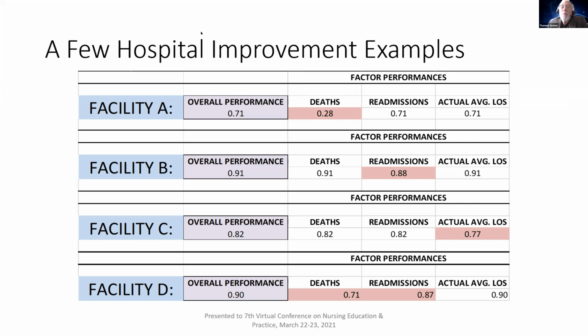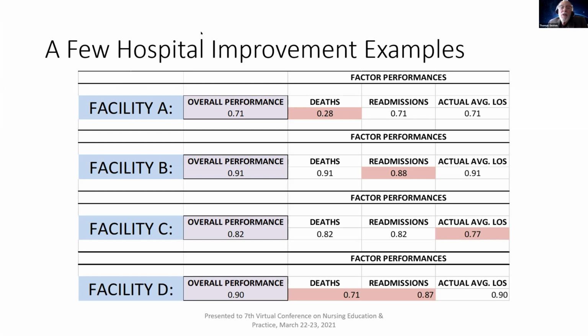For readmissions and length of stay, it's 71%, so they could improve their performance in those two categories by 29%. But when we look at deaths, we see something rather chilling: their performance score is only 28%, suggesting that at that particular hospital, they could have avoided 72% of their deaths.